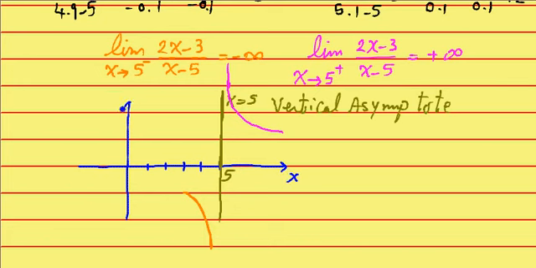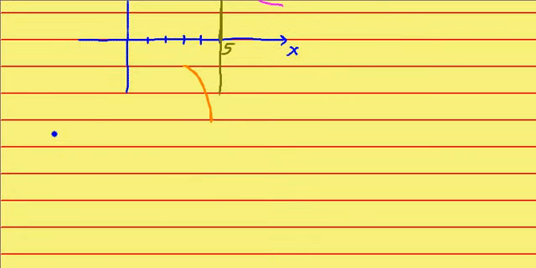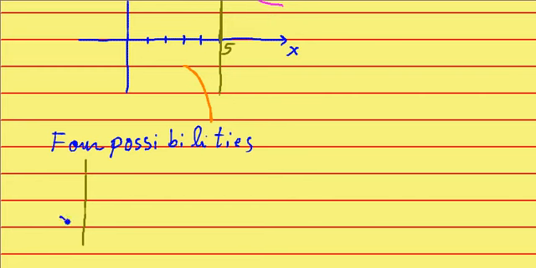Okay, whenever there is a vertical asymptote, one of 4 different generic pictures could happen. So 4 possibilities. If this is your vertical asymptote, as we just saw, it could happen that on the left you're diving down, on the right you're going up.